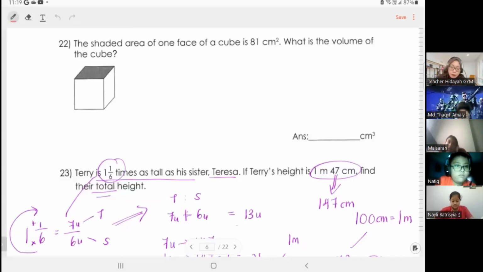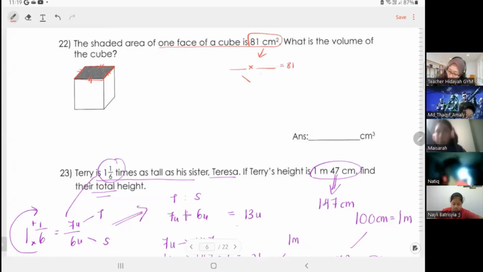Right. The shaded area of one face of a cube is this much. Okay, which means area of a cube. All the sides are the same. So area is this. Something times something is 81. These two must be the same number because it's a cube. It's a square. So what times what gives you 81? 9 times 9.